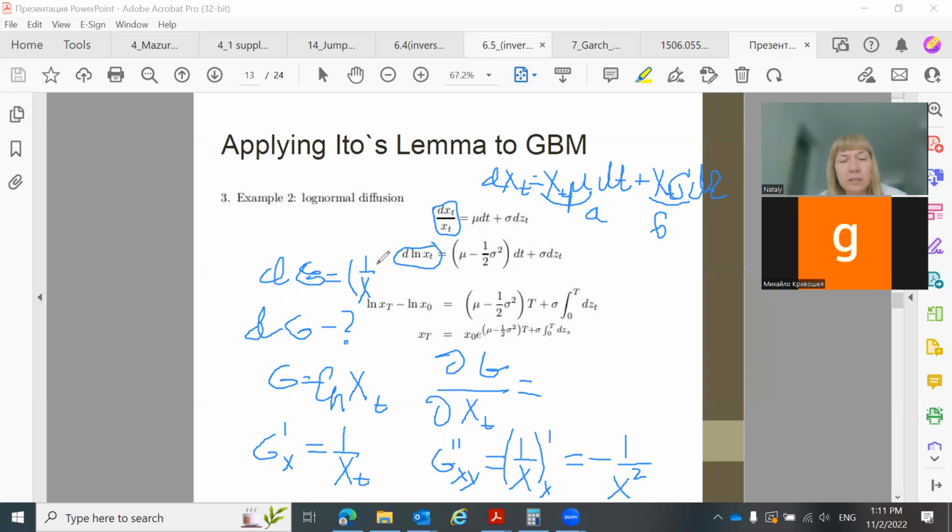Multiplied by a, it is x and mu. So this x crosses out, plus the derivative with respect to t is 0, plus 1 divided by 2 multiplied by the second derivative, which is with minus, so no plus, minus.